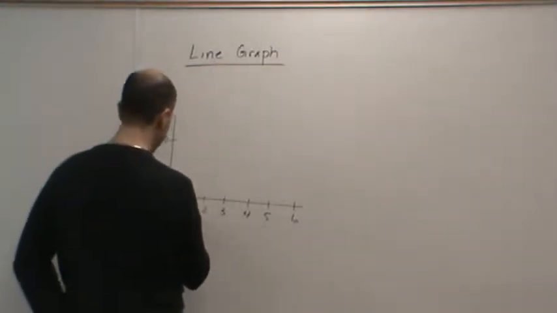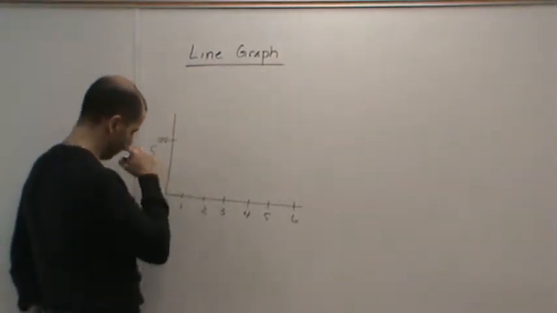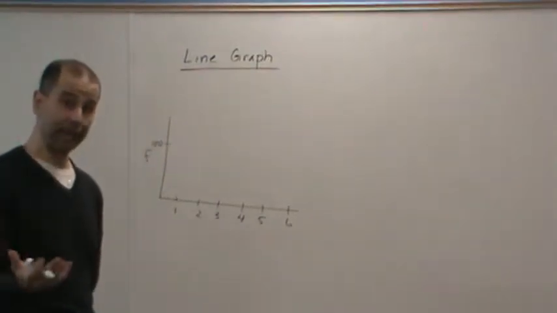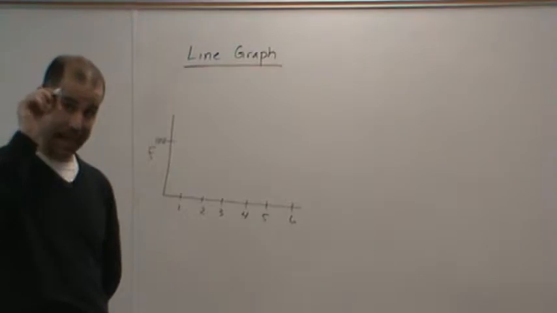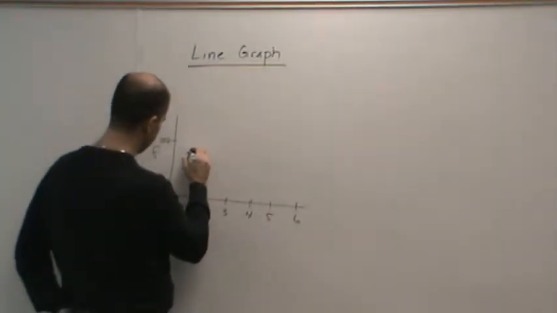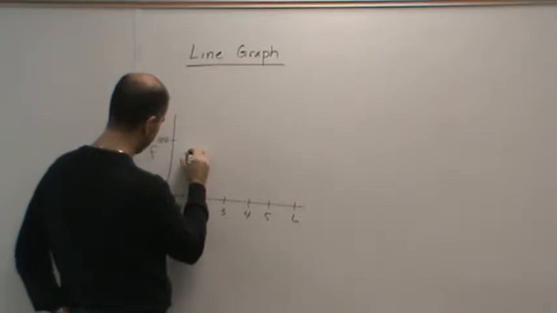And so let's say we have this bar chart. Well, each bar has a height. Well, if we replace that height with a dot, then we could get something maybe like this.